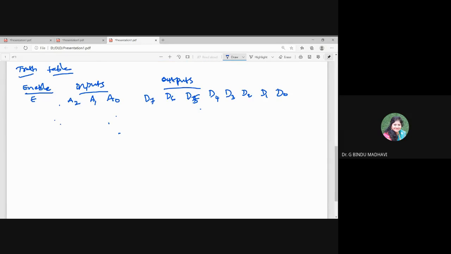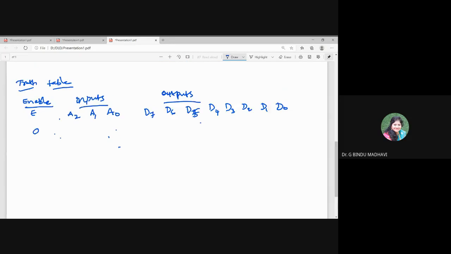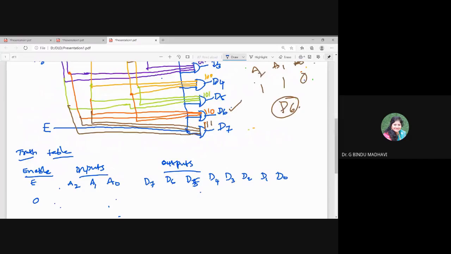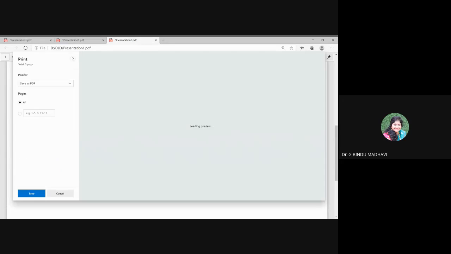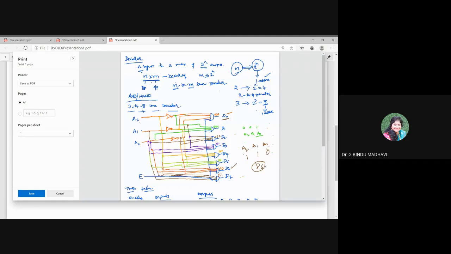Okay. Now, if E equals 0, what will happen? 0 will be supplied to all the gates. So, if enable equals 0, no gate will accept the input.